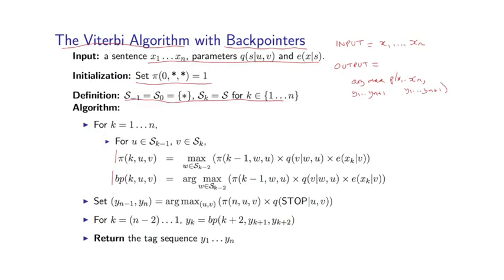And that is the argmax. So that's actually going to record which tag achieved this max, which tag was most likely at position k-2, given the fact that I have u and v at position k. Okay, so this is just an additional piece of bookkeeping recording the argmax at each point.